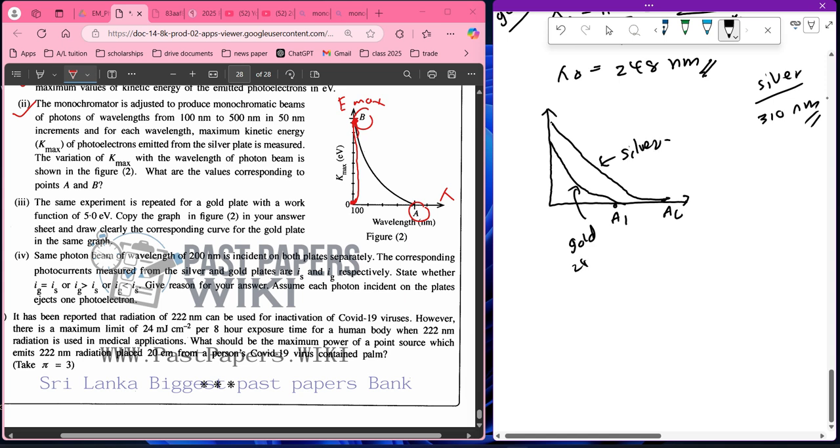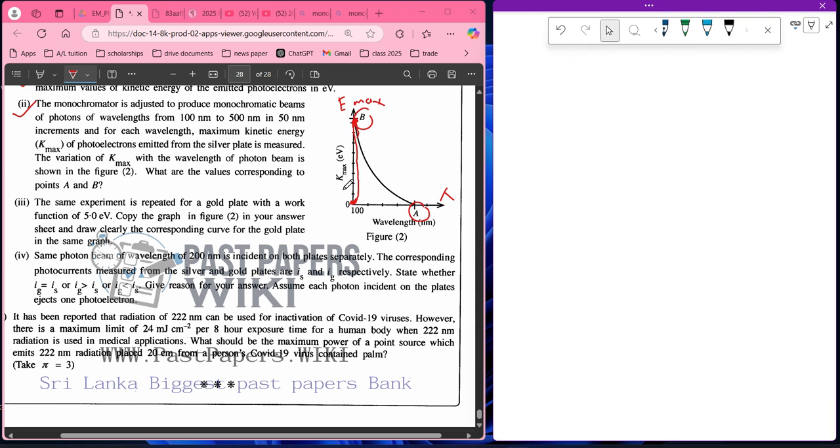The gold one is 248 nanometers, this is 310 nanometers, and this is 0, this is Ek max, and this is the lambda. That's how we draw the graph, kind of curve, right? So the third part is done.